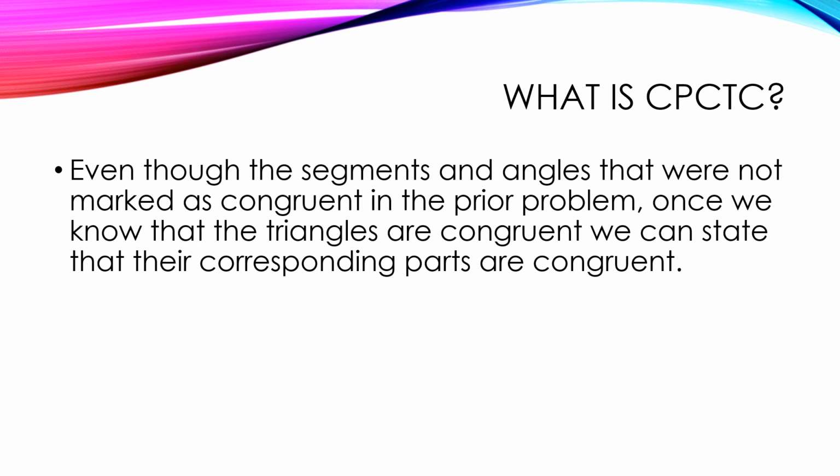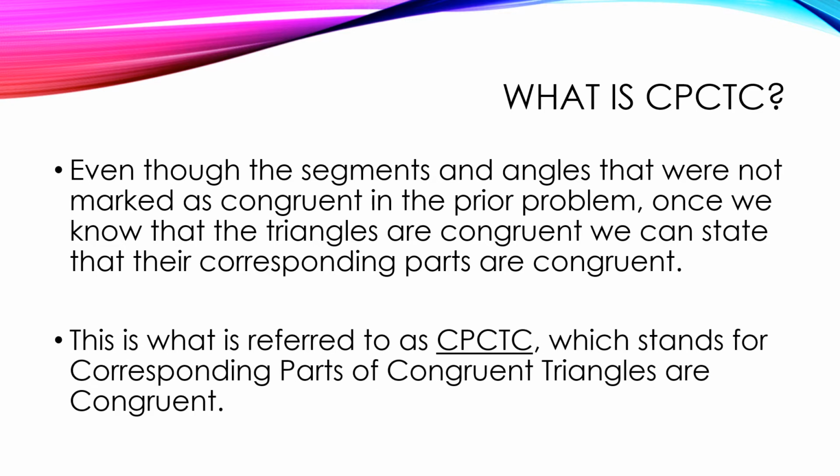So with CPCTC, if stuff is not marked in your picture, once you know that the triangles are congruent, you can state that those corresponding parts are congruent. The ones that are not marked, we can say they are congruent to each other by CPCTC. And again, that stands for corresponding parts of congruent triangles are congruent.